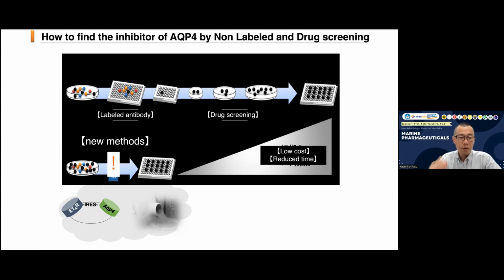So maybe in the near future we can use this method for finding inhibitors of AQP4.